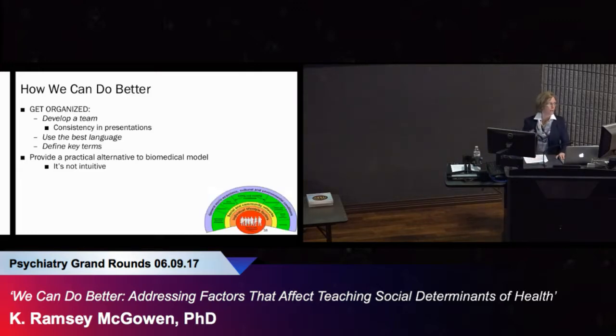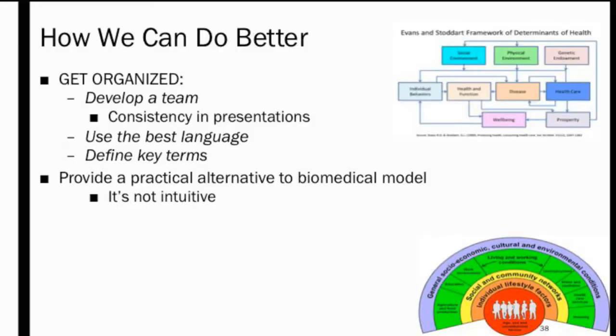We need to provide a very practical alternative to help students have a scaffolding to hang this information on. So here are two. I'm going to show you another one that's actually my favorite. It's not intuitive to know what the alternative is, and unless we can give people a scaffolding to use this information, it's going to just float around in the breeze and eventually get blown away.